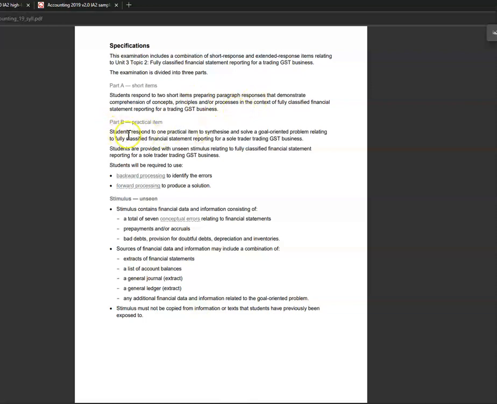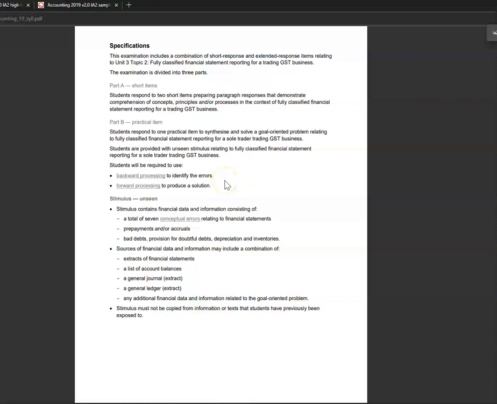In Part B, you will be responding to 1 practical item to synthesize and solve a goal-oriented problem relating to fully classified financial statement reporting for a sole trader trading GST business. You will be provided stimulus relating to these statements.